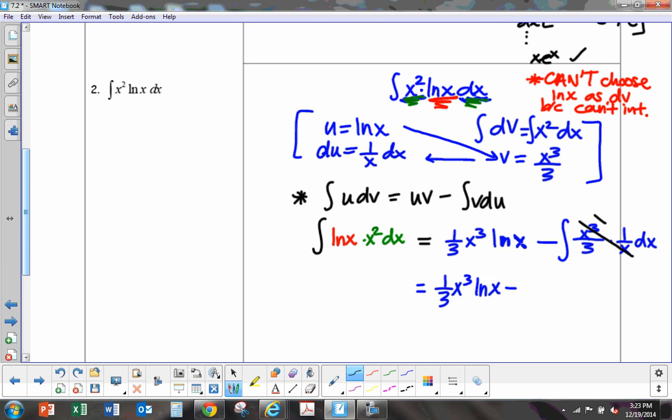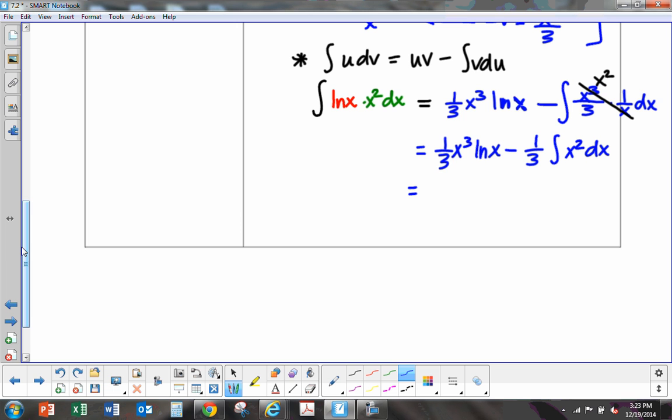So x to the third over x is really x squared. And when we integrate, we know we can move constants in front. So I could move this to be minus 1/3 the integral of x squared dx.